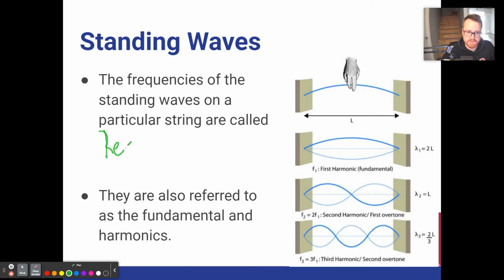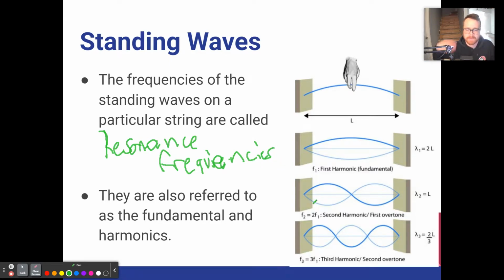These are resonance frequencies. So these are called resonance frequencies. Okay, they are referred to, in other words, as either fundamentals or harmonics. So these resonance frequencies are particular frequencies of standing waves.